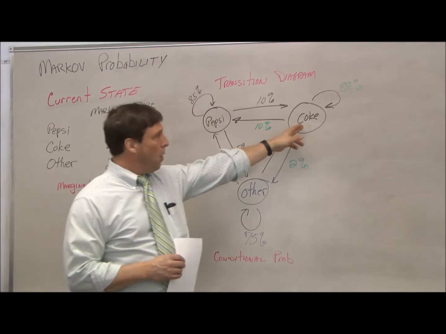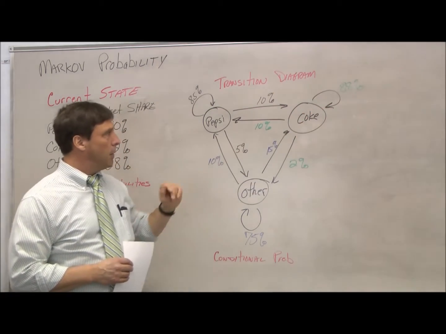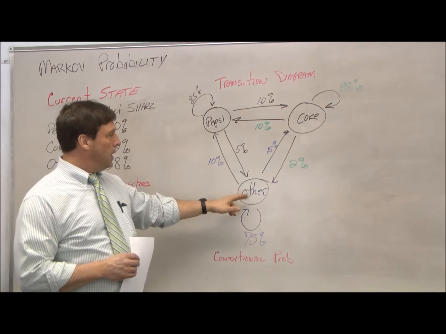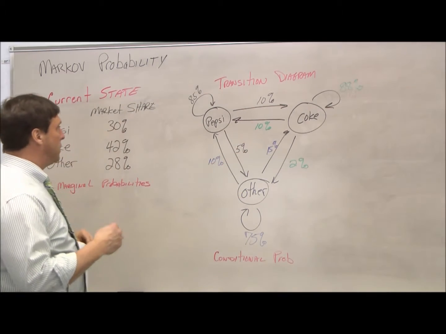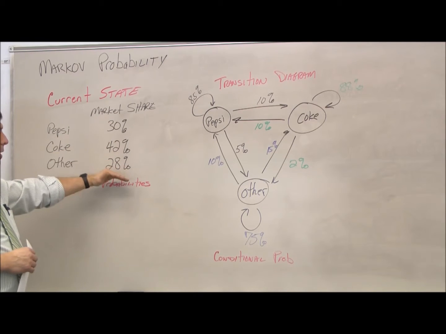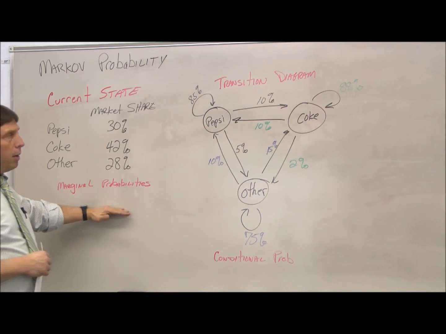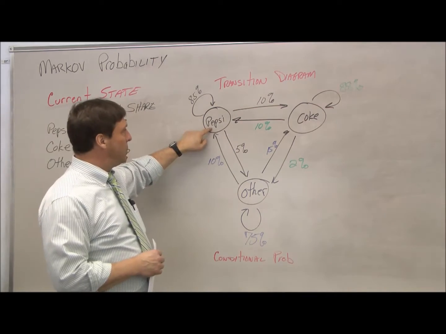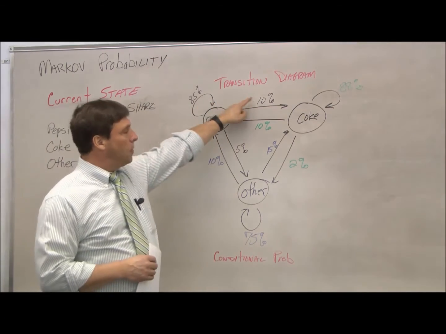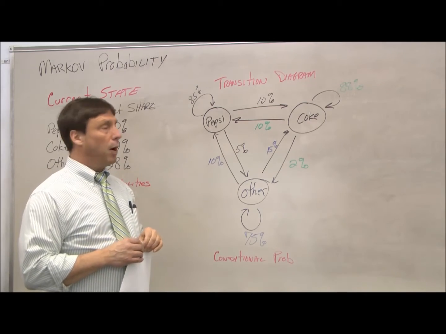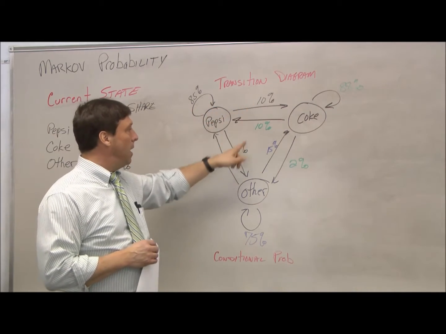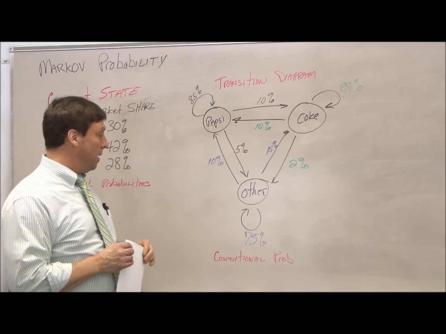The same thing with Coke. I highlighted the Coke's transitions in green, and the other I've highlighted in blue. Notice that first of all, our market share adds up to 100%, and for each company, their transition probabilities add up to 100%. So 85, 10, and 5 equals 100%.